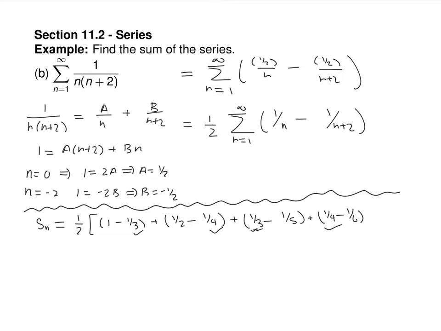Now on the tail end, the very, very last term you have will be 1 over n plus 2 minus 1 over n. One prior to that is 1 over n minus 1 minus 1 over n plus 1. And one prior to that is 1 over n minus 2 minus 1 over n.